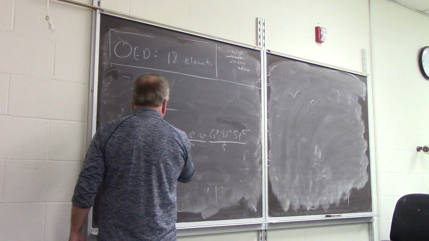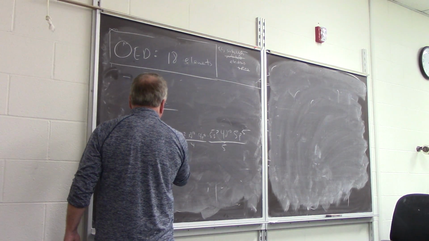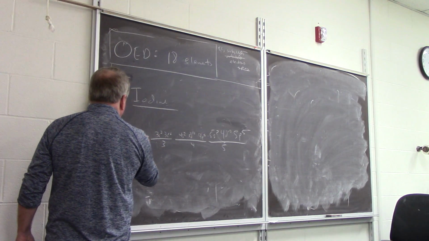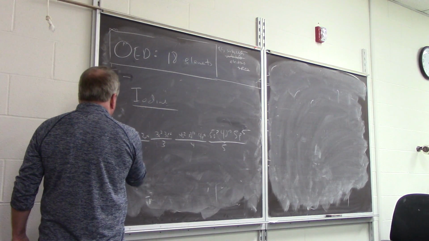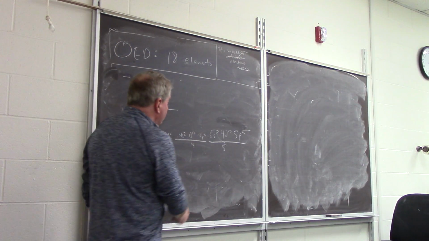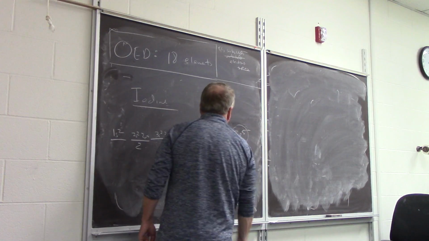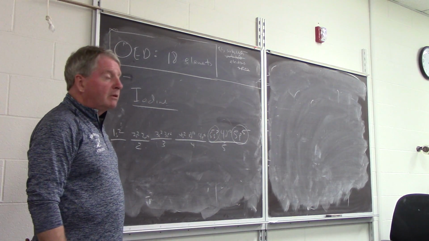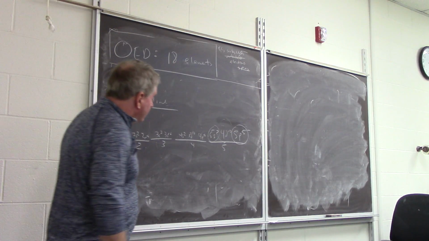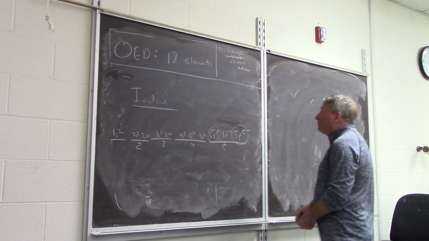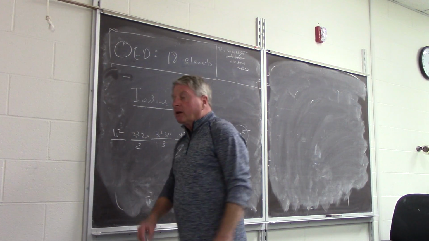And then you go in the 3rd row, the 2nd row. Valence electrons, 2 plus 5 is 7. Okay.